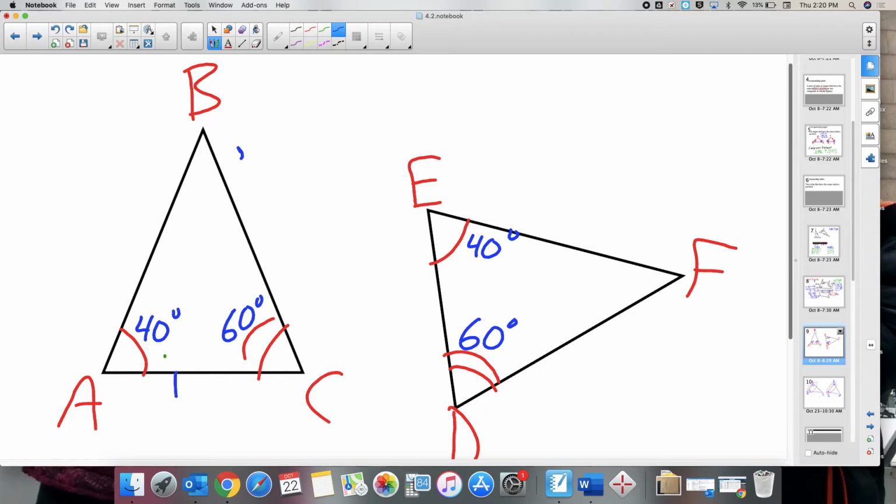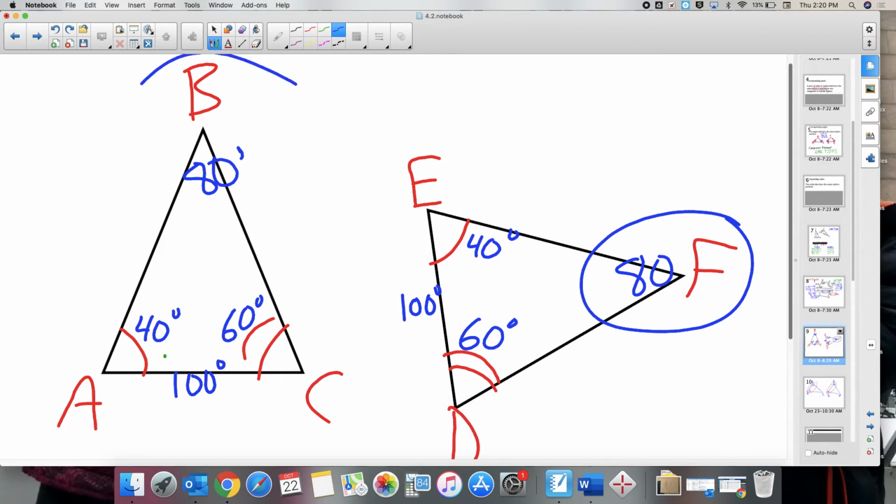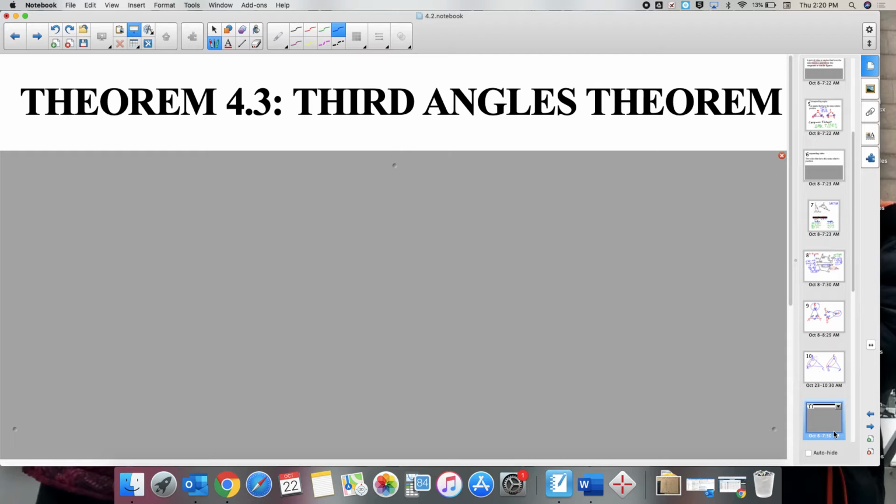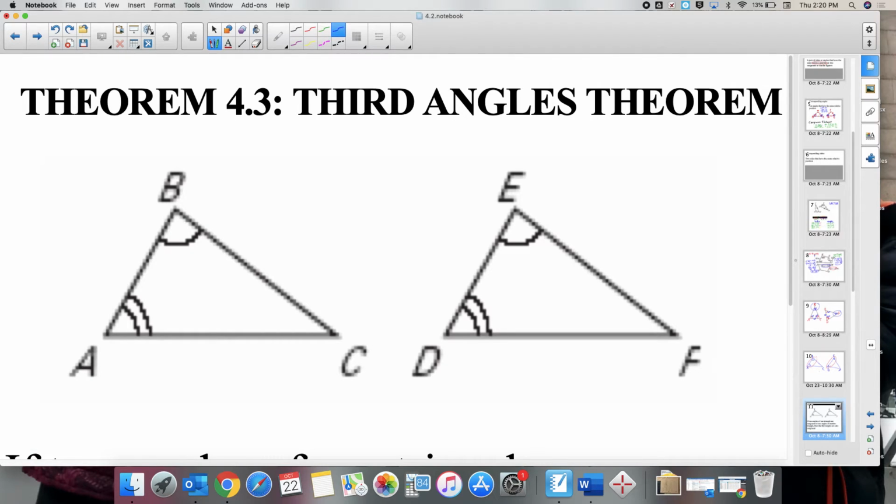Then right now I have 100 degrees tied up in angles A and C and 100 degrees in angles E and D. Well, that means that angle B would have to be 80 and angle F would also have to be 80. So if two angles are congruent to each other, your third set is going to have to be. That's why they call it your third angles theorem. That third set of angles will also have to be equal.